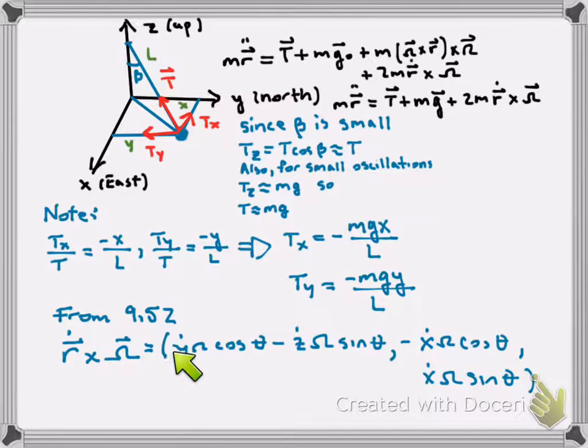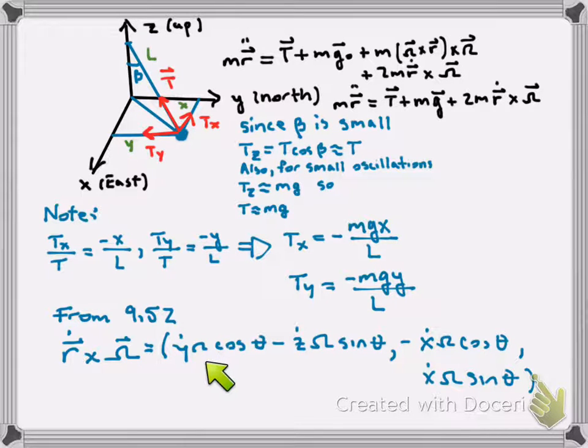And in this expression, we are assuming that the direction of omega is given by a line that goes from the center of the Earth through the North Pole and straight upwards from there.